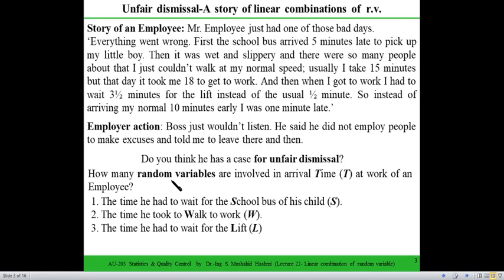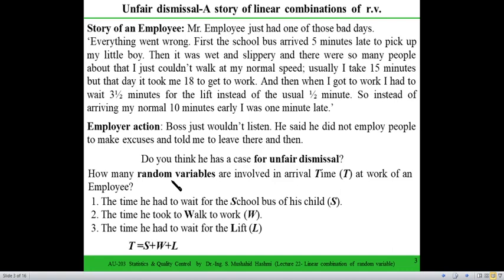So this arrival time is actually not just a single variable, because the time waiting for a school bus is a random variable, and how much time he takes to walk to work is another variable, and the time he needs to wait for the lift is also another variable.